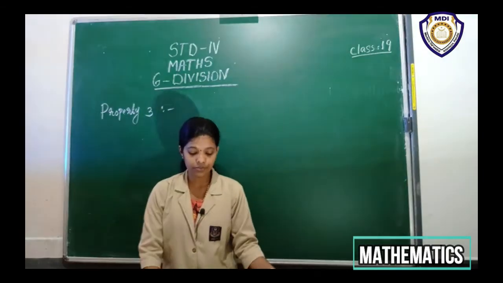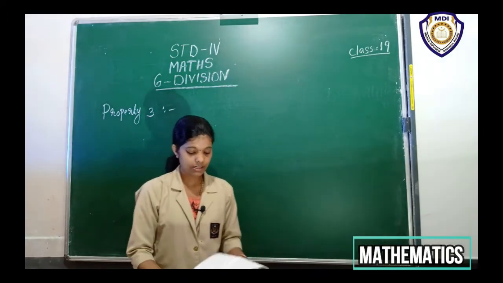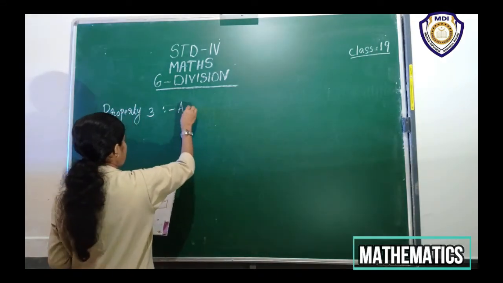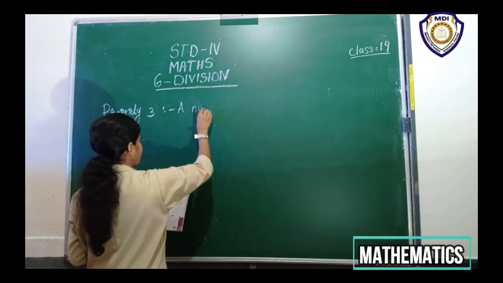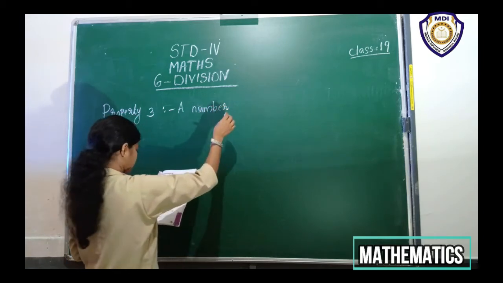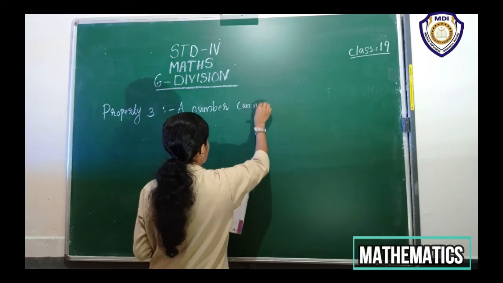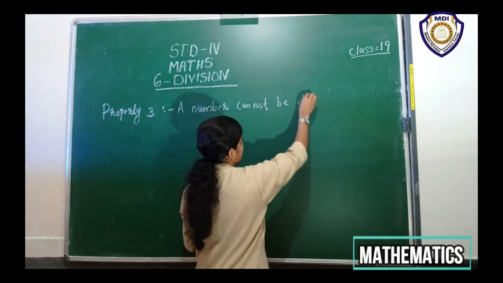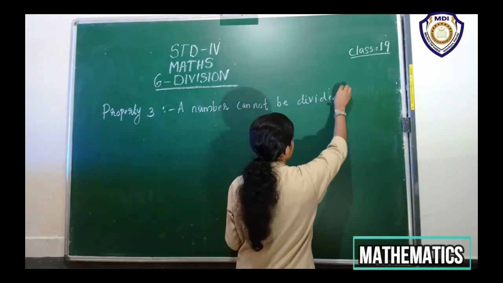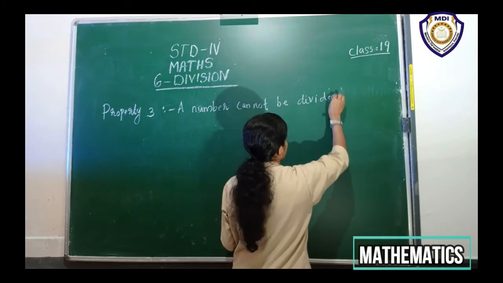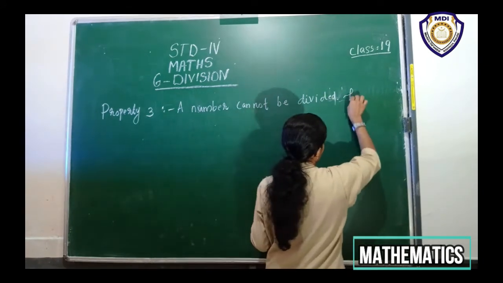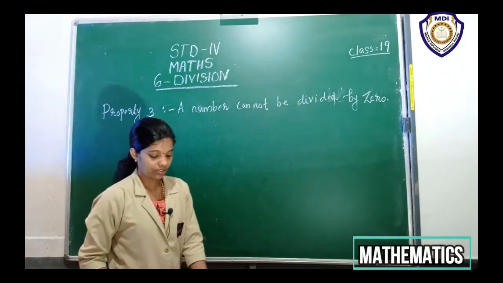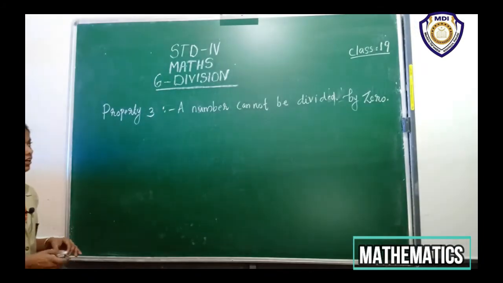Property 4: A number cannot be divided by 0. A number cannot be divided by 0.